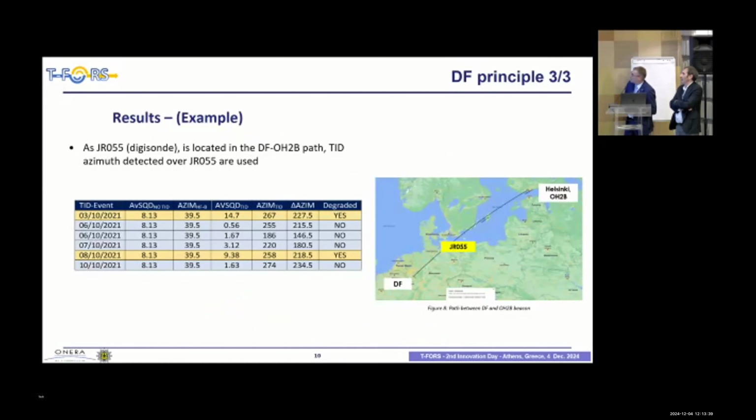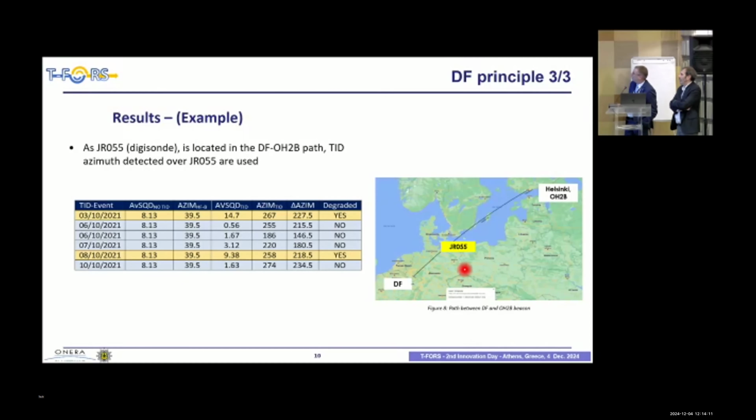So, for example, here is one example for the beacon OH2B, which is located in Helsinki. You see here near the middle of the path the ionosonde in Juliusruh, and the location of the direction finding system in the western part of Germany. And the question was, where can we detect TIDs?